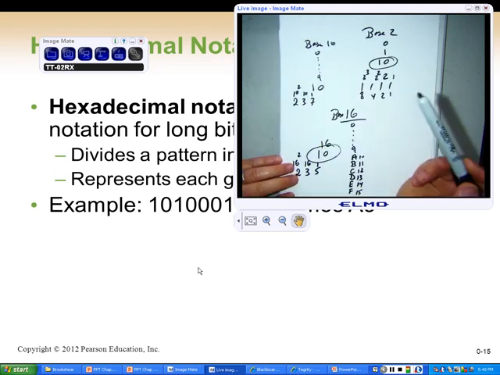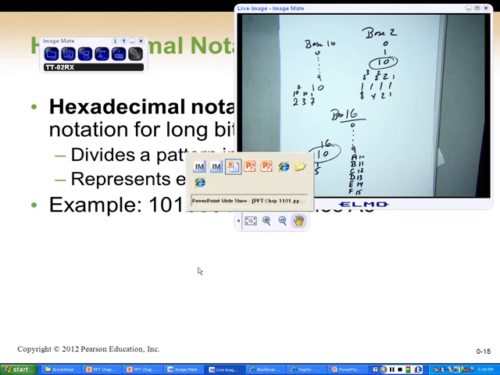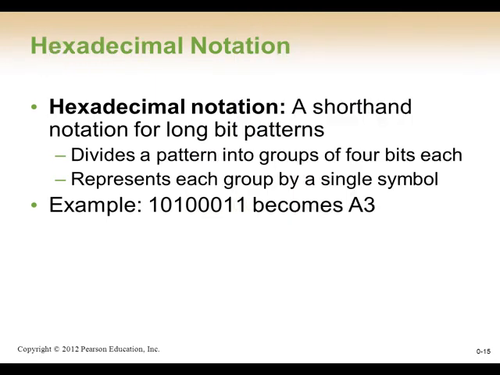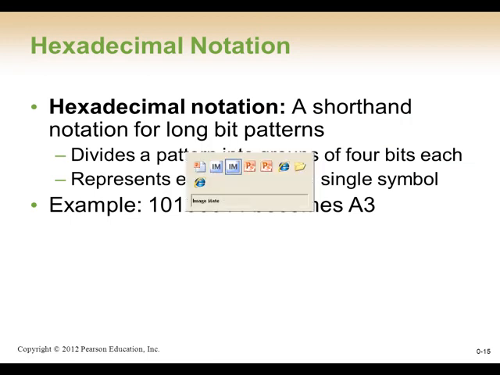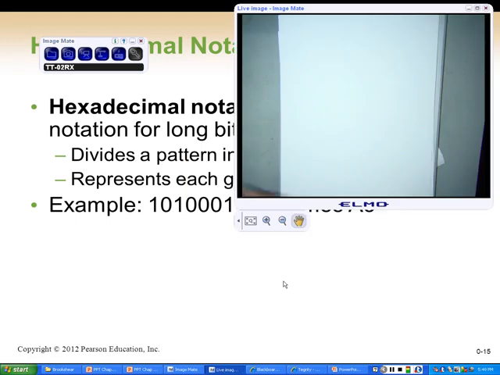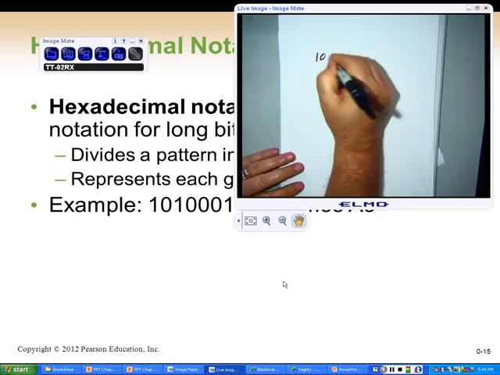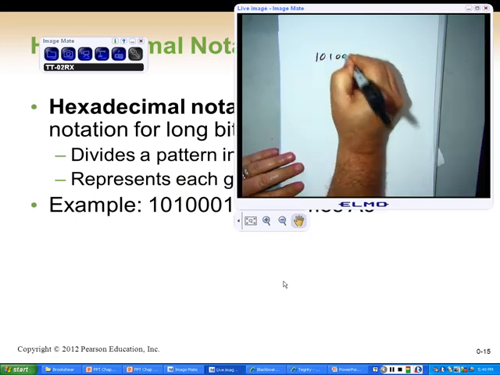Now we're going to practice how to move around between these. I'll give you an example that you're going to be working on. So this one says 1 0 1 0 0 0 1.